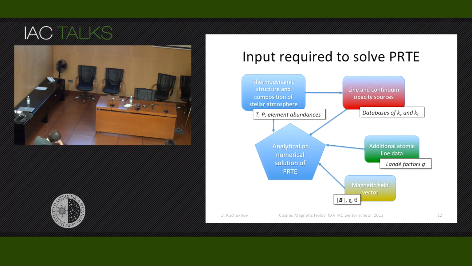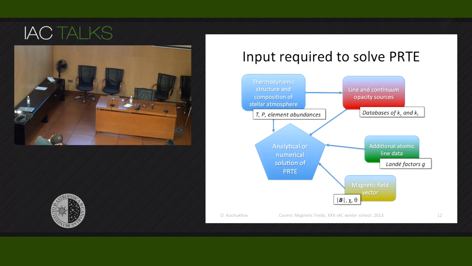Then we need information about line and continuous opacities. So that we collect from databases. There are databases of each type, databases for continuous opacity coefficients and for line opacity coefficients. And depending on the temperature, of course, we have different kinds of lines and different kinds of opacity sources in the continuum.